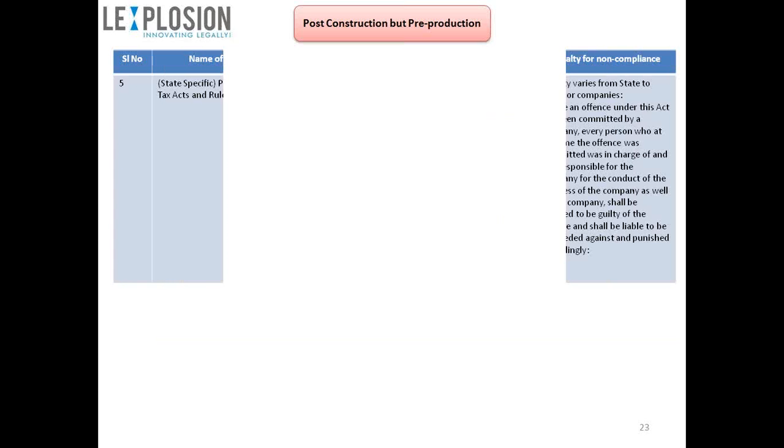So, if your factory has more than one unit, you need to ensure that you get your professional tax enrollment in respect of all the units within the state where the factory is situated.